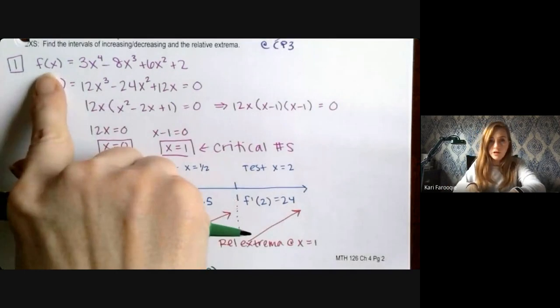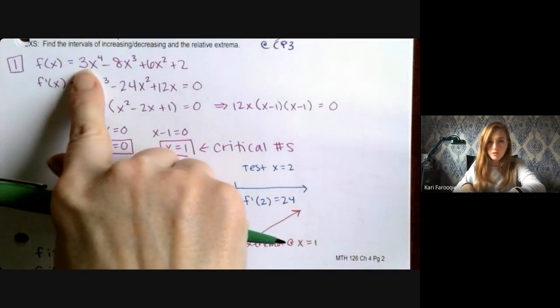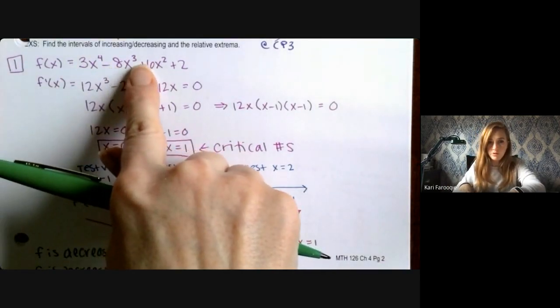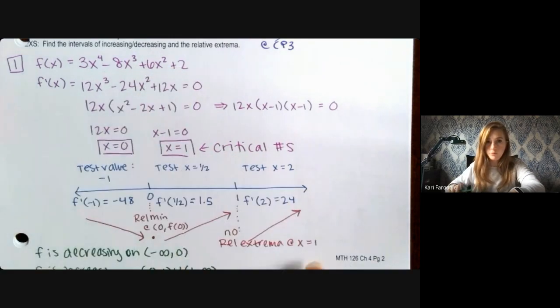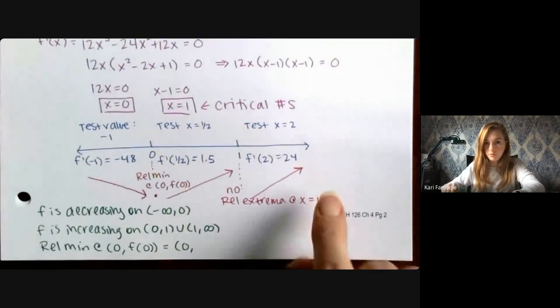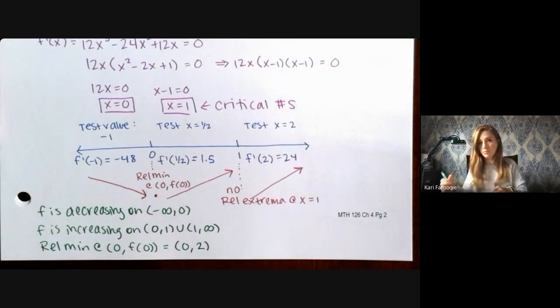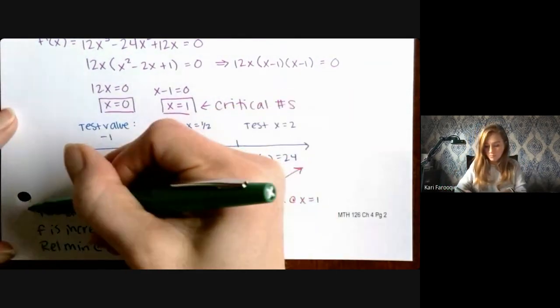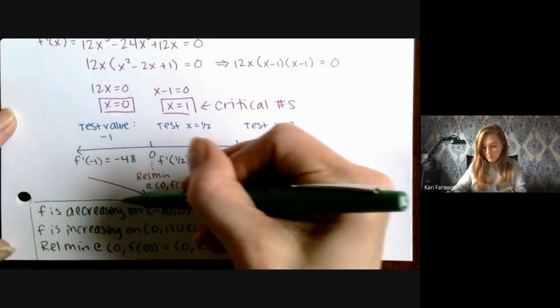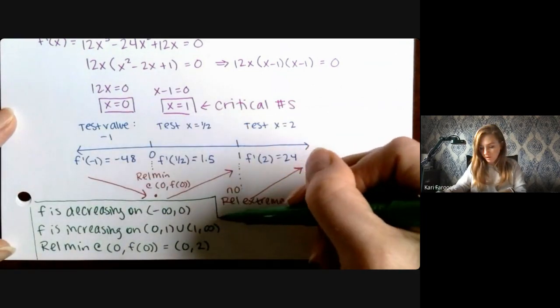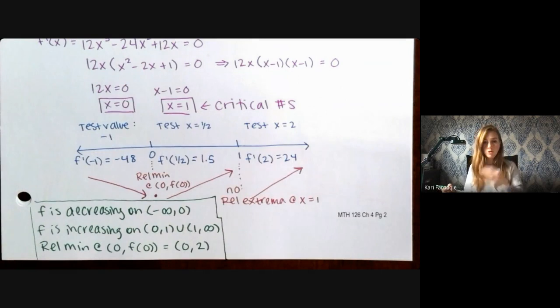And if we're evaluating f of 0, well, 0, 0, 0 will be the values of the first 3 terms, and then plus 2. So f of 0 is 2. This is all the information that you need to include in your answer.